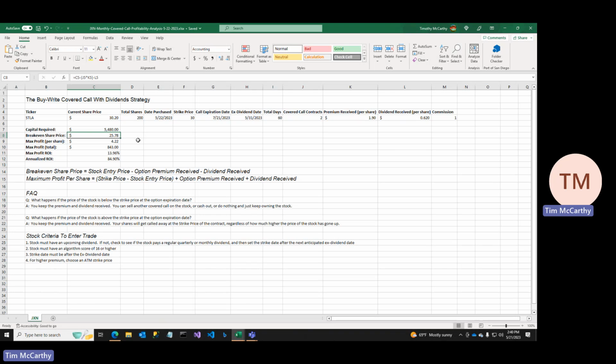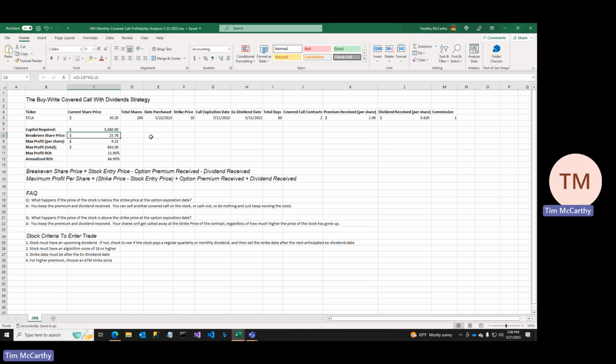I could hold on to it and keep selling another covered call. Every time I sell a covered call, I'm reducing my cost basis. So the break-even is 25.78 now, but towards the end of this contract, if the premium is still pretty good, I could close that contract out and sell another one, and that's going to keep reducing my cost basis.